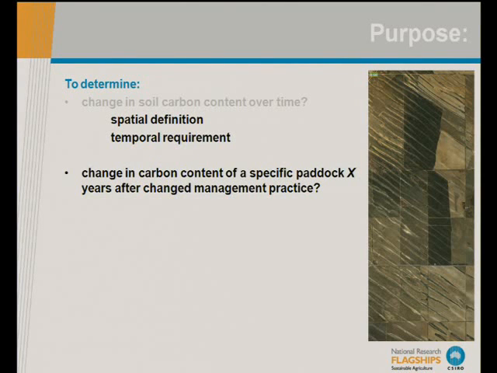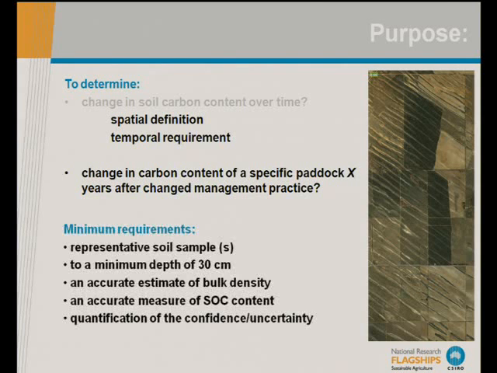So I guess looking to better define that question, we might expand the question, or the focus is to determine change in carbon content of a specific paddock after however many years of management change. And then we're beginning to get to the nitty-gritty in order to help us design our sampling strategies. So the sort of minimum requirements that we need are to collect a representative soil sample or samples.